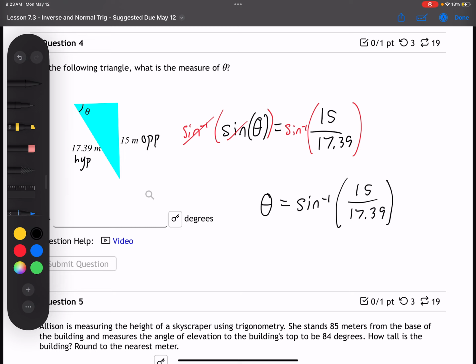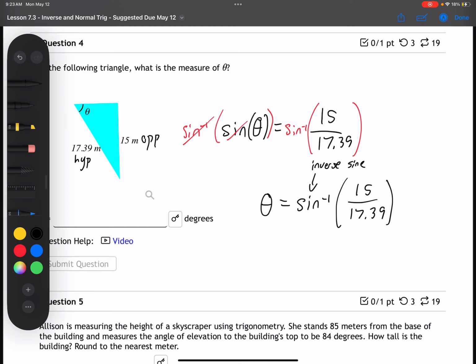Your calculator does have a button for the inverse sine. So if you go into your calculator and you find the inverse sine function, which looks like this, sine with a little -1, and again, that's pronounced inverse sine. There's also one for inverse tangent and so on and so forth.